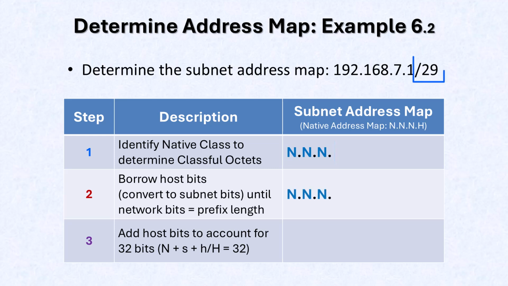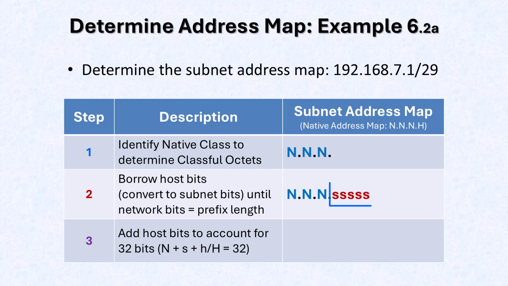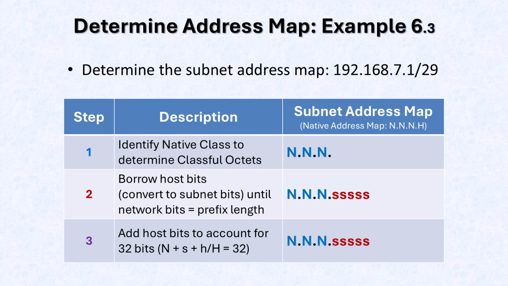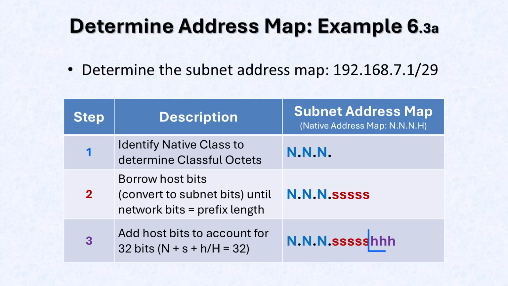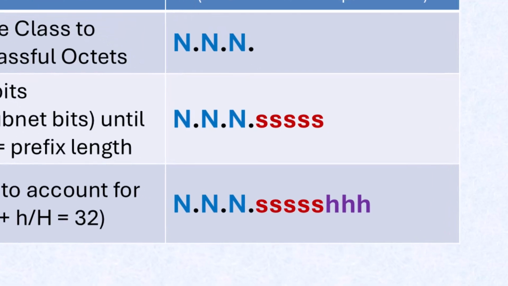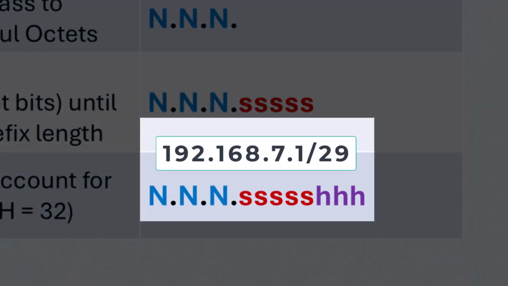In step 2, since the prefix length is 29, we borrow 5 bits. This gives us a total of 29 network bits. In step 3, we add 3 host bits to account for a total of 32 bits. This is the subnet address map for the given address.